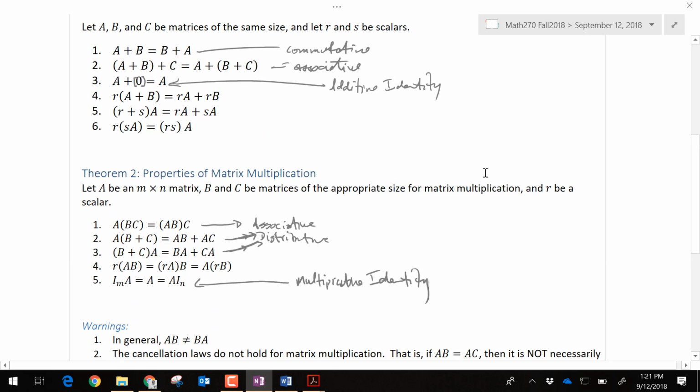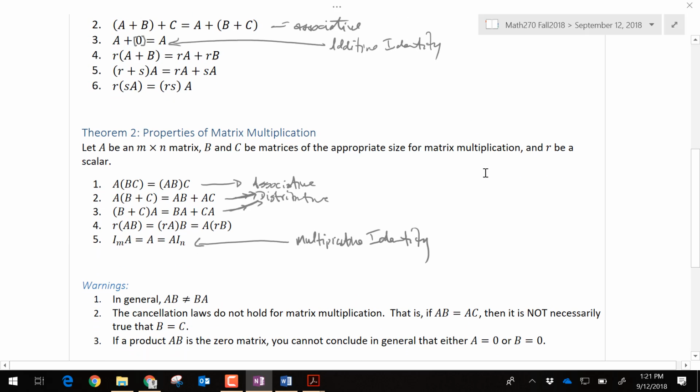So that's an important thing you should know about multiplication: matrix multiplication is not necessarily commutative. We've seen a lot of multiplications, and we take for granted that we can switch the order when we multiply two numbers.